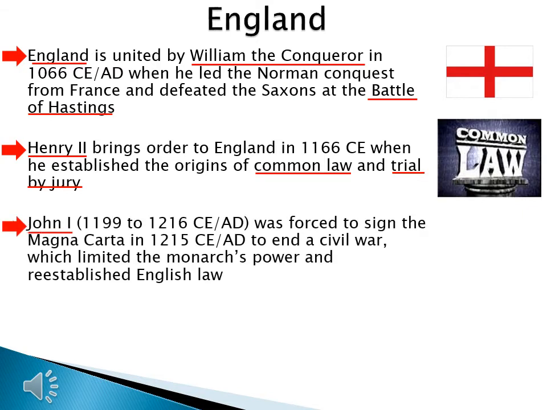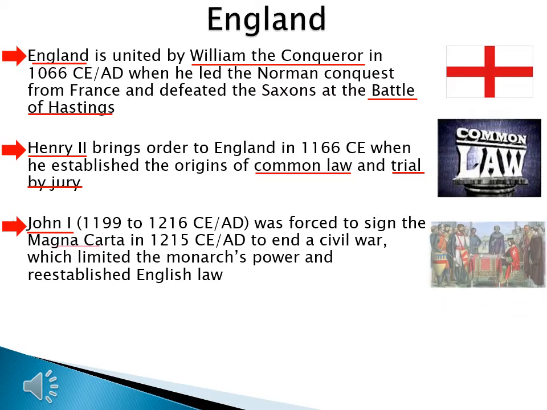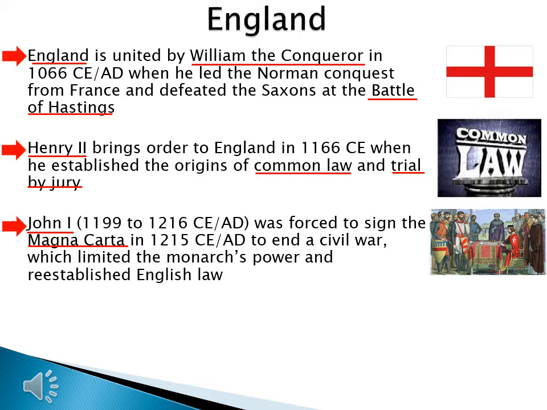John I, who's around from 1199 to 1216 CE, was forced to sign the Magna Carta in 1215 CE to end a civil war. The Magna Carta limited the monarch's power and re-established English law. This is the first time in history where the King of England gives up some of his power in order to keep the country together.